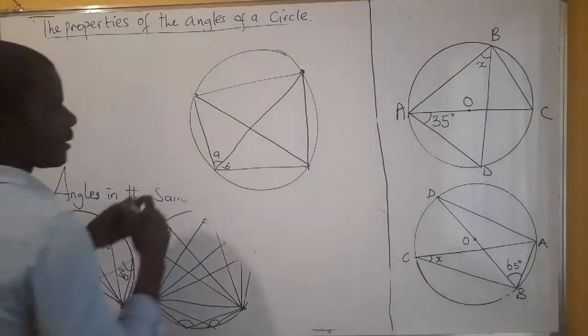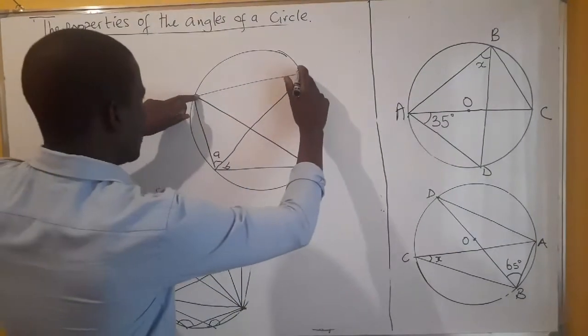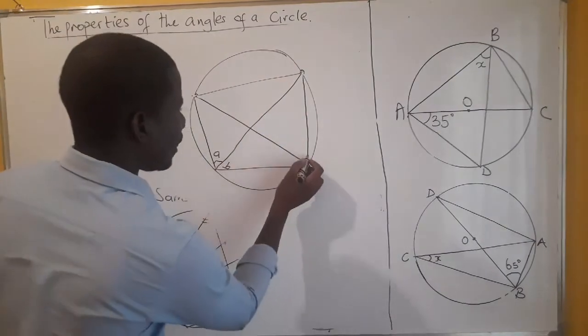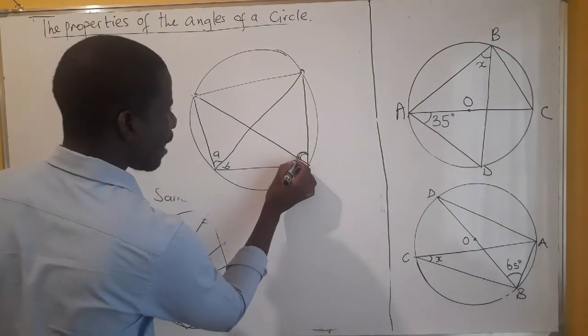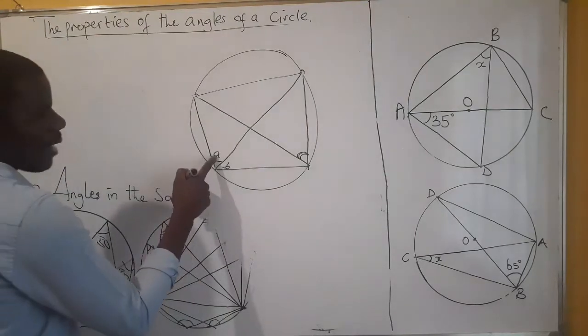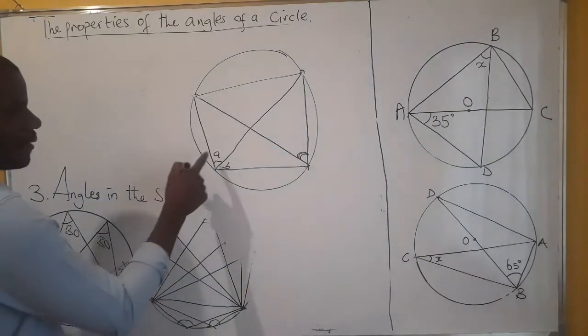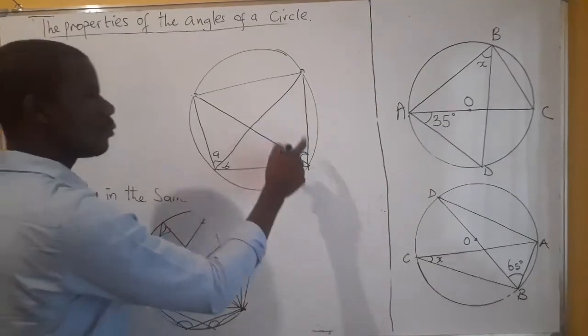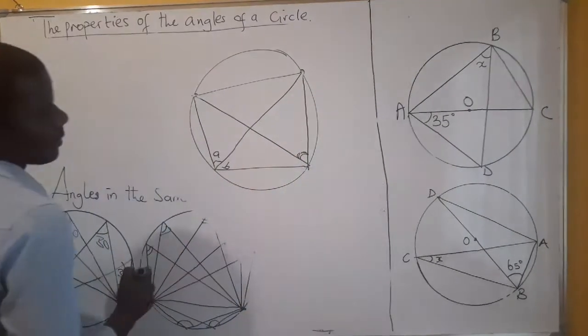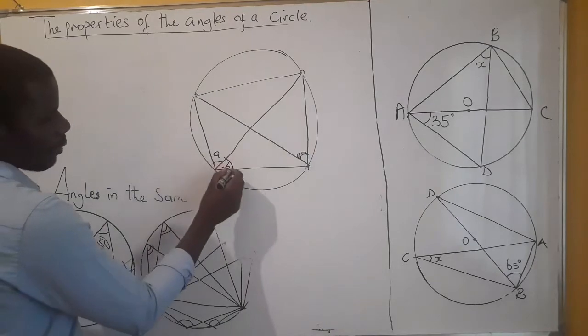The answer is yes. If you look at this line and this one, they form an angle on the circumference. So if this angle is A, even this one is A. Are we together? So if this is given as 60 degrees, even this one will definitely be 60 degrees.